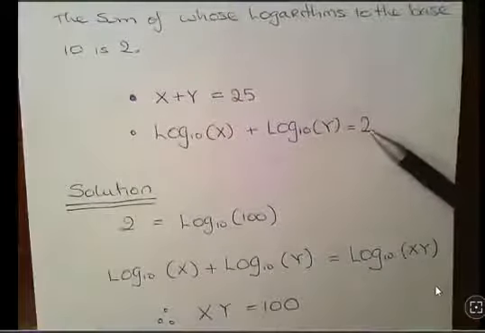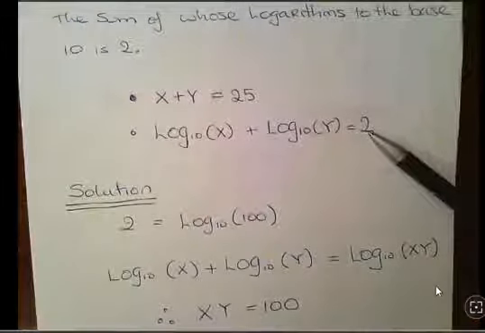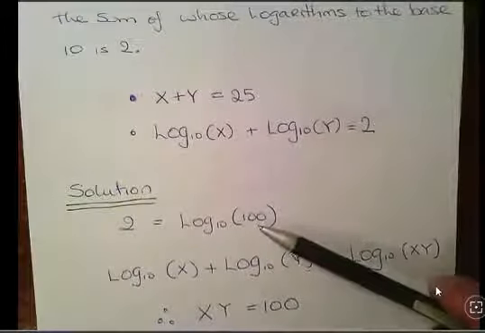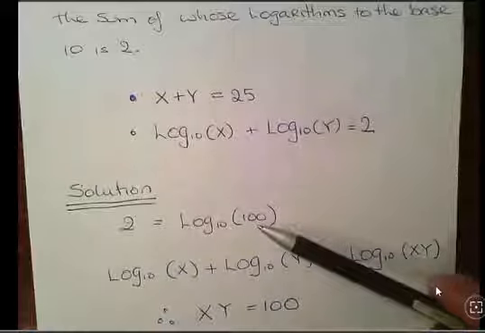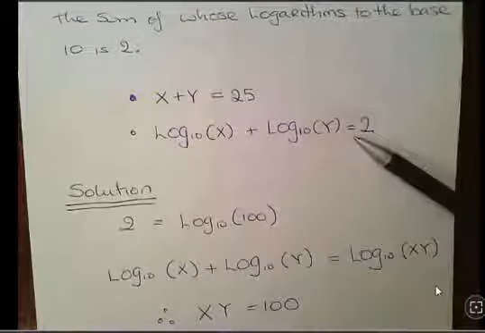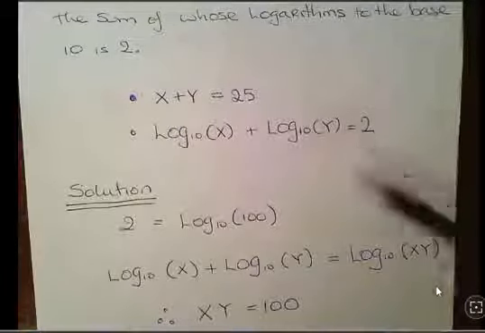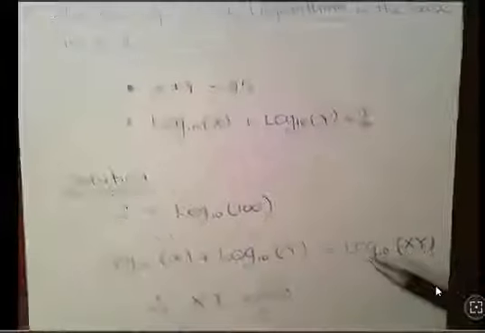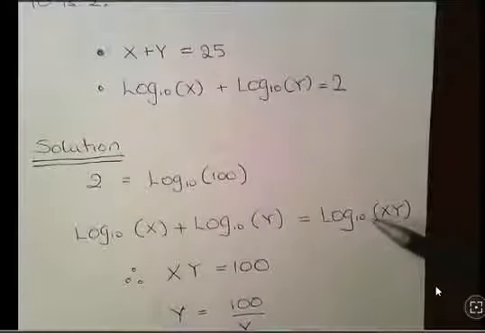So I'm going to start off here with the 2. We can express that as log of 100 to the base 10. So essentially we can write all of this equation in terms of log to the base 10.